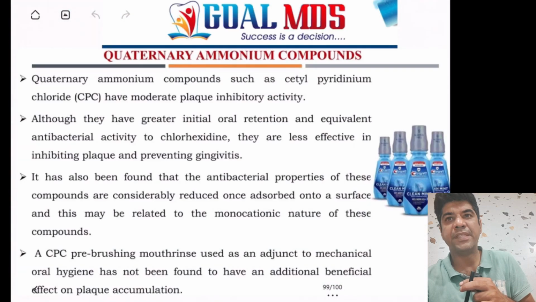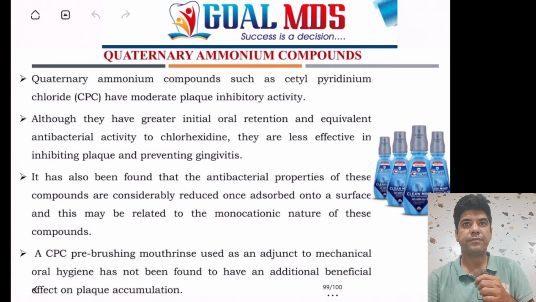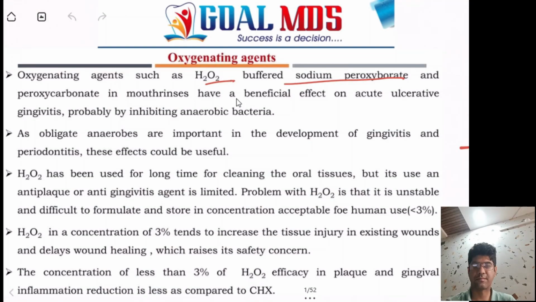Antibiotics like vancomycin and erythromycin have been used for plaque control. Others are the quaternary ammonium compounds like cetylpyridinium chloride. They have been used in mouthwash for their ability to kill bacteria and help to control the plaque.